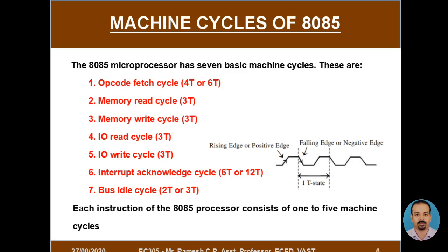Okay, and you can see that this is the timing diagram, and when we go for the waveform representation of this machine cycle, waveform representation means it's a diagram which represents the waveforms of all the signals involved in performing each of these operations.